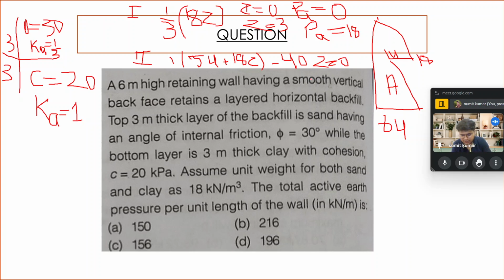Okay, so 64 plus 14 upon 2 into 3 plus 0.5 into 18 into. Okay, some mistake is there, I think.